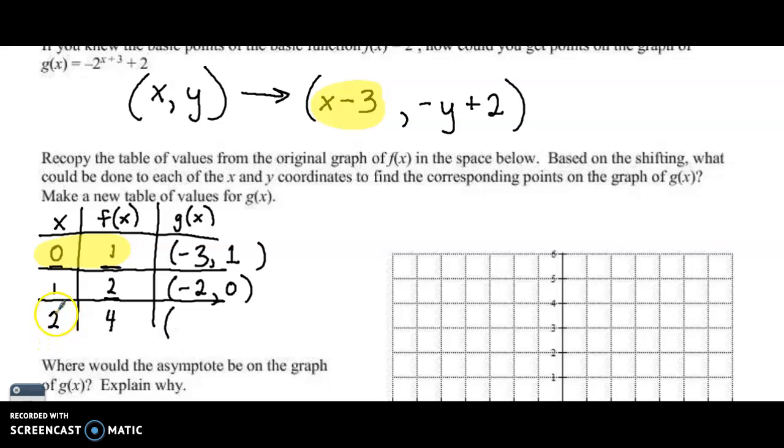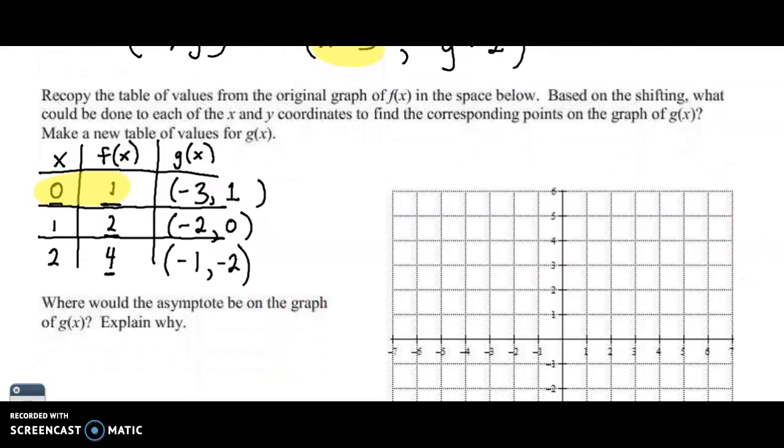So then the next ordered pair, 2, 4, I have to do 2 minus 3, the x-coordinate minus 3, is negative 1. And then the negation of the y-coordinate, so negate 4, plus 2 will give me negative 2. So I think this is helpful, that we can now graph this at negative 3, 1, negative 2, 0.